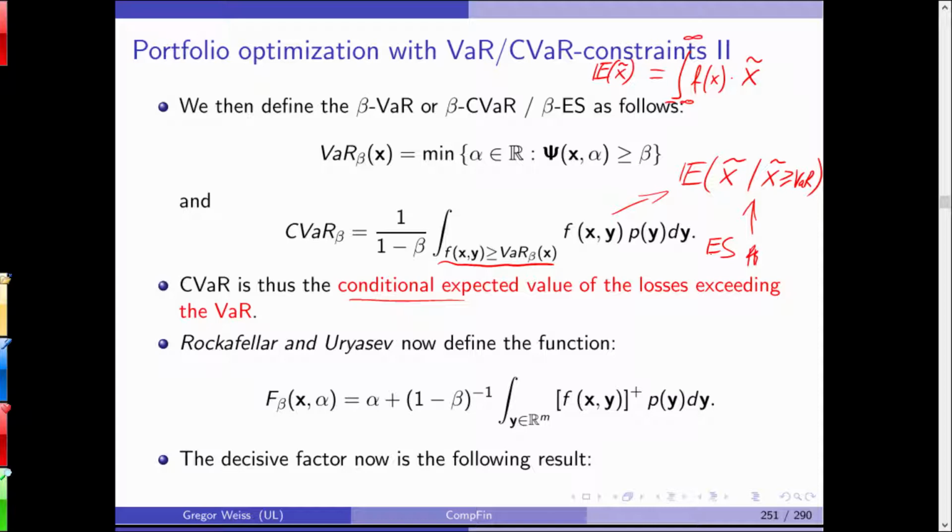Now, Rockafellar and Uryasev define the following function. Capital F, that depends on beta, a function of x and alpha, and it's given by alpha plus 1 minus beta to the power of minus 1 times the integral over all y, element of the m-dimensional real space, of this function f. Actually, it's the positive part of this function f.